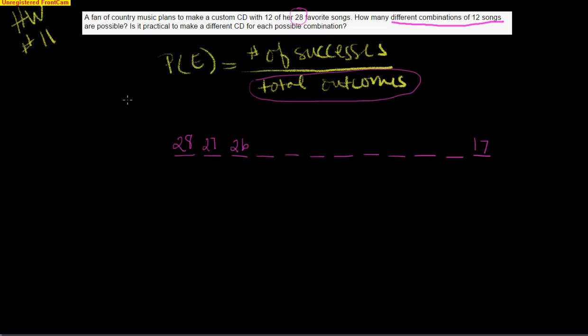The other problem with this here is that these are going to include order. So for example, I could choose song A first, and then song B, and then song C. However, when I choose song C and then say song A and then song B, it's going to be counted as two different outcomes. But up here, order doesn't matter.